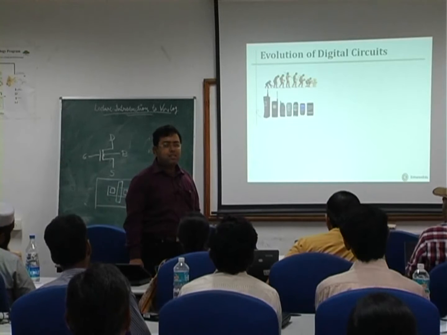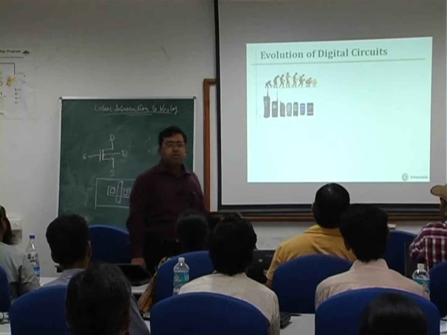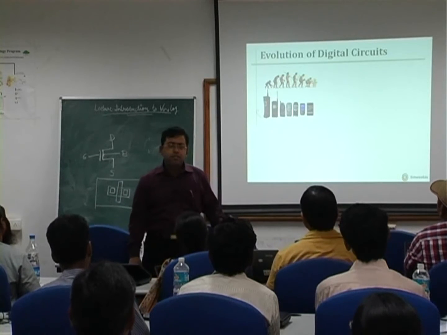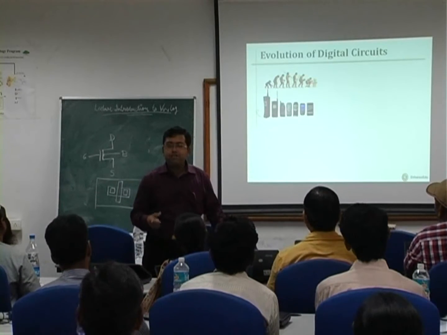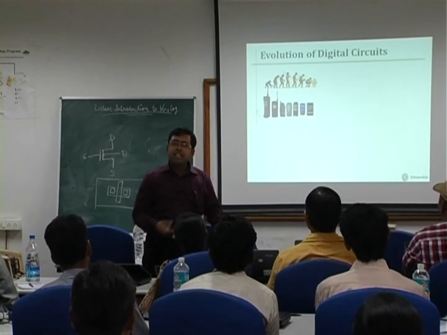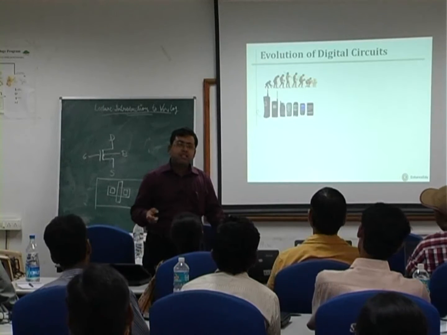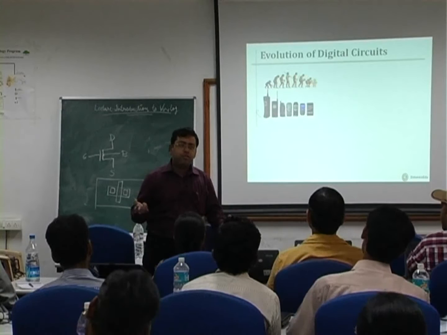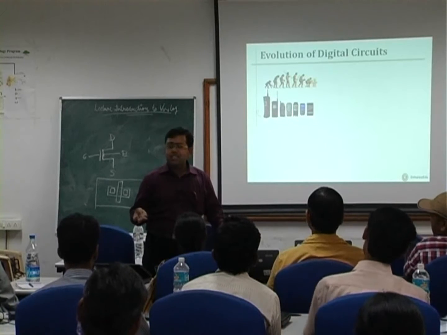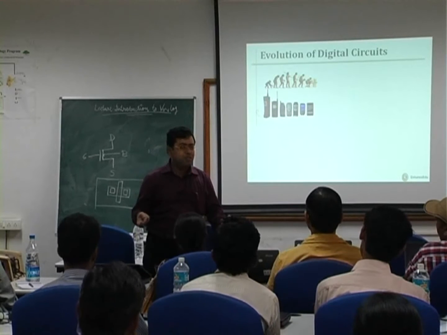They were giant in structure, and perhaps one in every 1,000 persons would have bought one such mobile phone. And I remember in the late 90s, the outgoing calls used to cost around 14 or 15 rupees, and the incoming calls used to cost as high as 7 or 8 rupees.